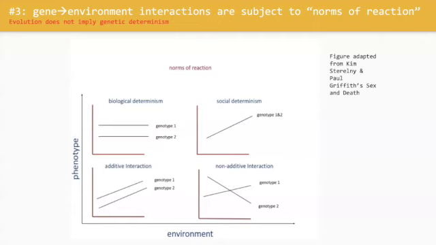Social determinism would be where a genotype expresses a phenotype, or different genotypes express the same phenotype, in response to environmental influences. So, for example, you might have a very different language capacity than mine, but because we were both surrounded by English speakers at some point, you are expressing a socially determined English variant of your language.